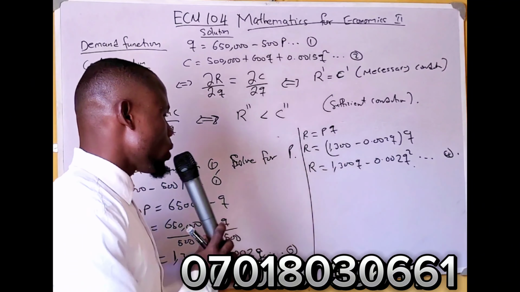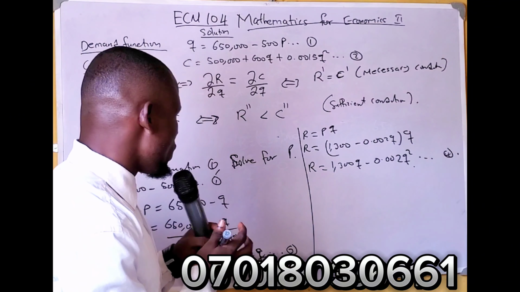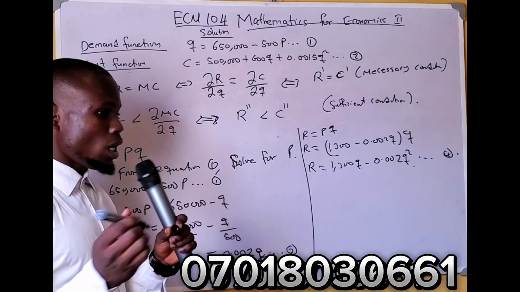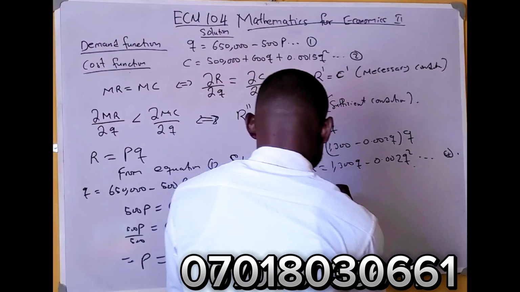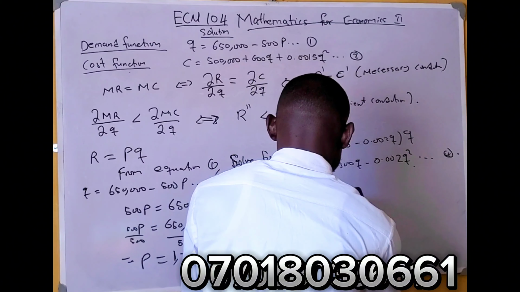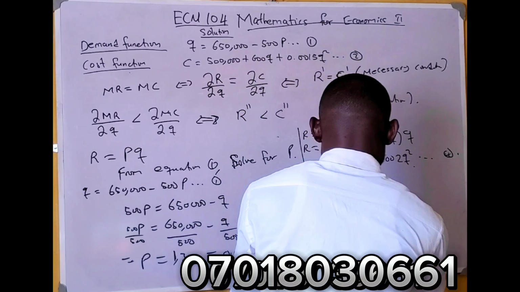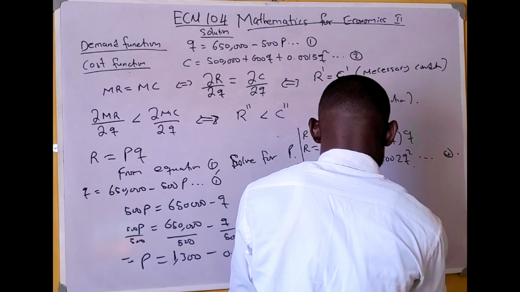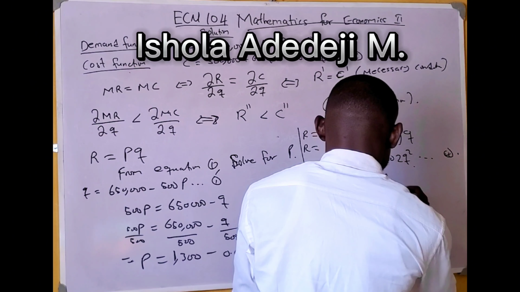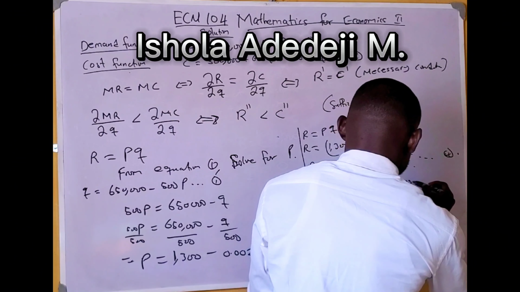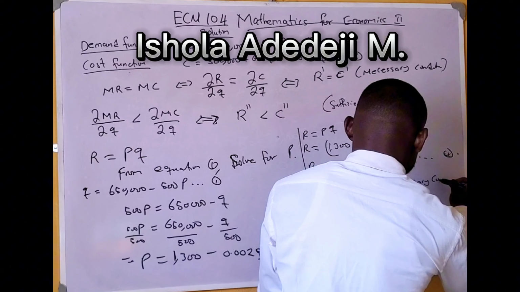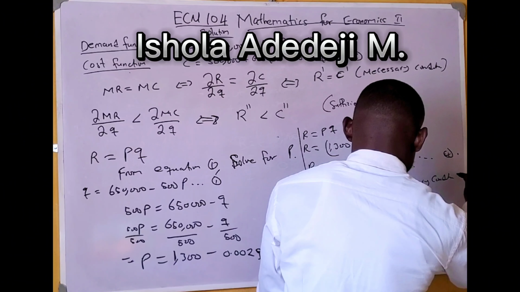I believe you do. So going further, we find the marginal revenue and marginal cost. So we take the derivative of R with respect to Q equals the derivative of C with respect to Q. That is the necessary condition.